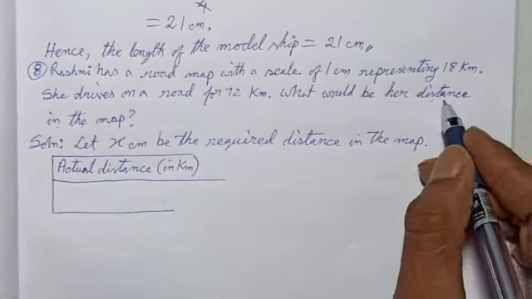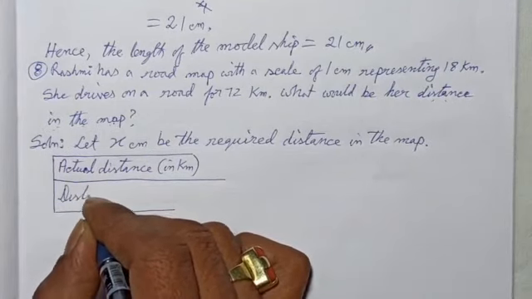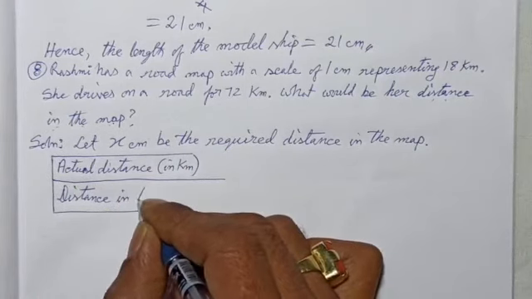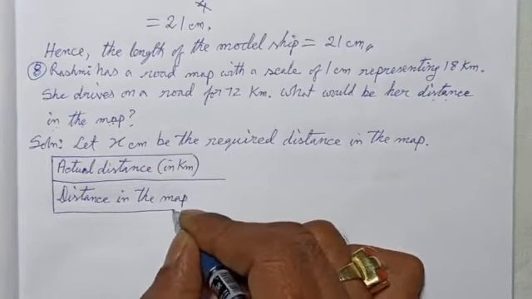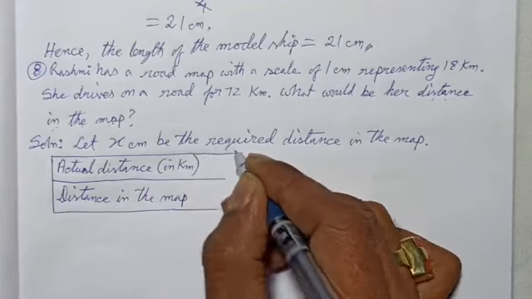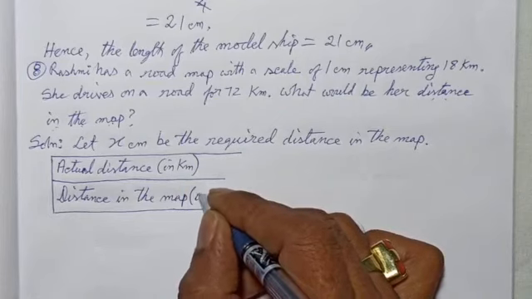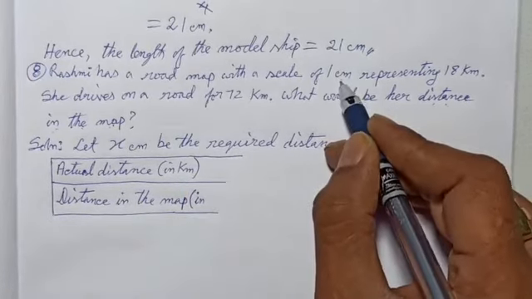Next is distance in the map, and this is in centimeter.